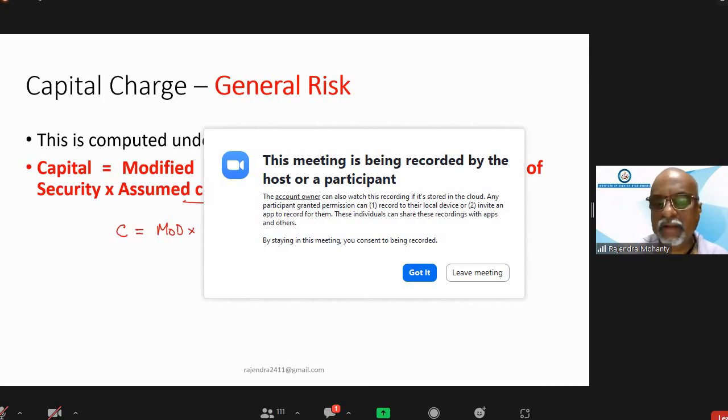So what is the assumed change in the yield? This assumed change in the yield is given by RBI, for each type of security and time band also. When you multiply the modified duration of the security with the market value and the assumed change related to it, you get the capital.